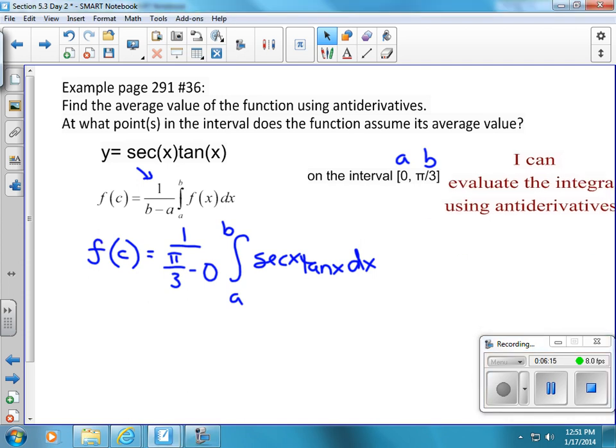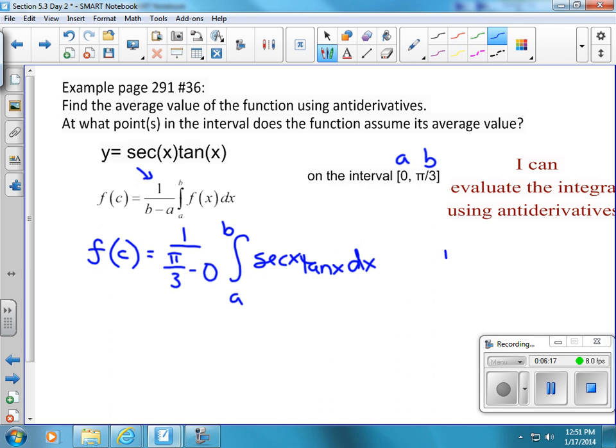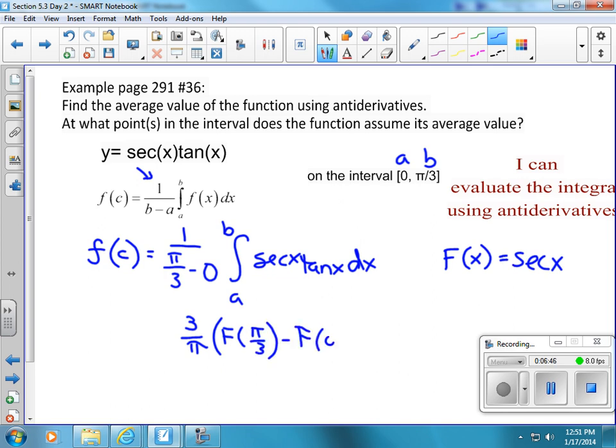First of all, we know that our antiderivative function is going to be secant of x. So if we take 1 over pi over 3, we know that we have 3 over pi. And we're going to multiply that times the antiderivative at b minus the antiderivative at a.